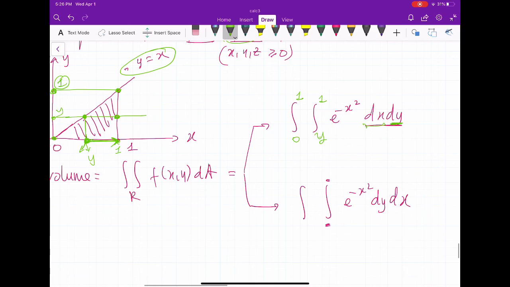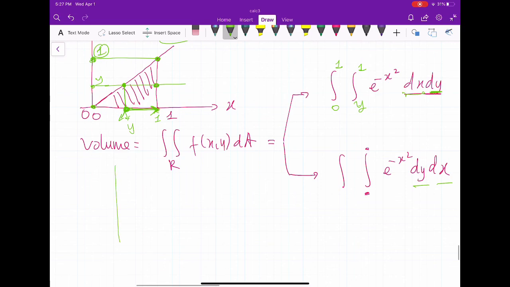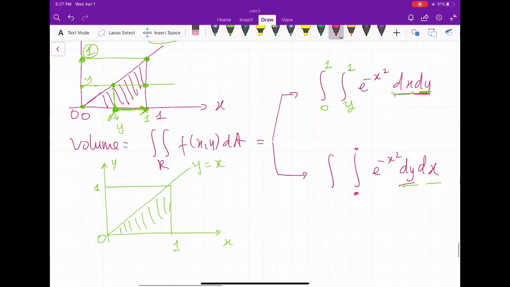You can write dy dx. So you fix x. Let me make another picture, it's more clear. So I fix x. Here's y equal to x. That is y. This is x. This is 1. This also 1, 0 right here. The region is right here. Now you fix x because you want to rewrite in the form dy dx. I fix some x right here. This is my cut.